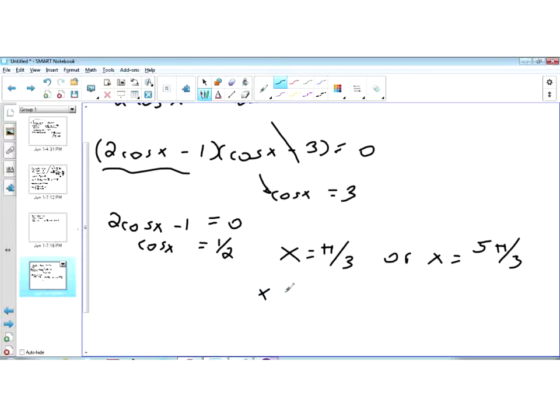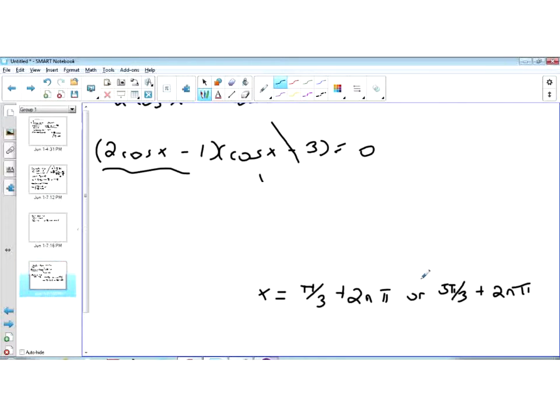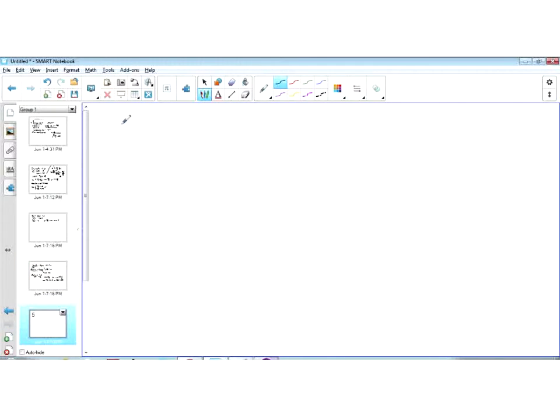And then since we want the solution on the entire x-axis, the complete solution would be the periodic extension: pi thirds plus 2n pi, or 5 pi over 3 plus 2n pi. All right, see how that works? Okay, next question.